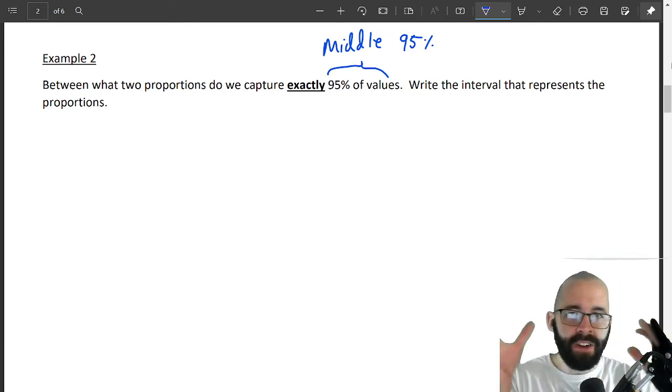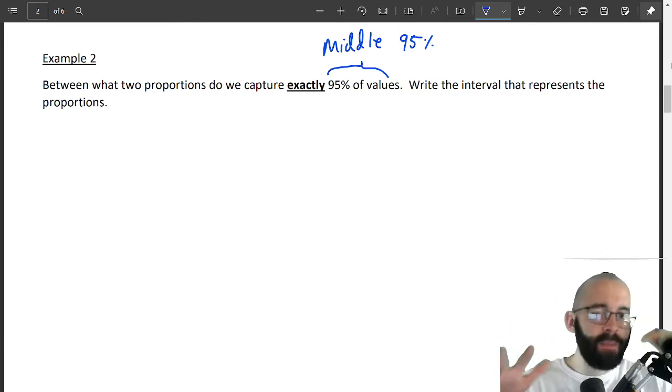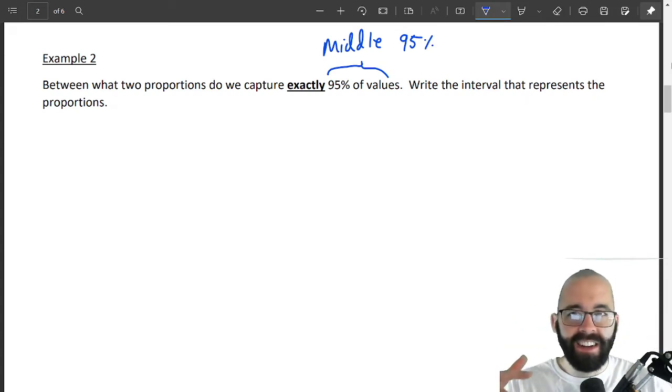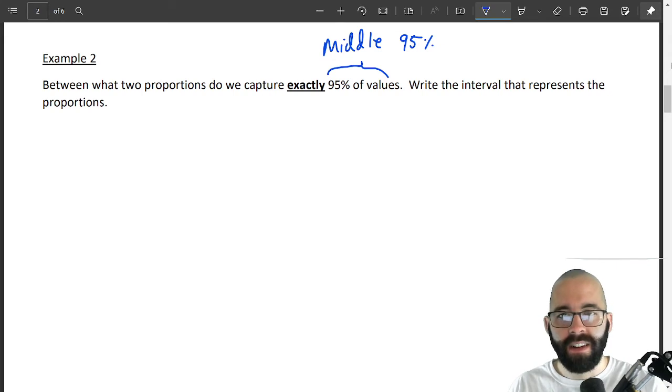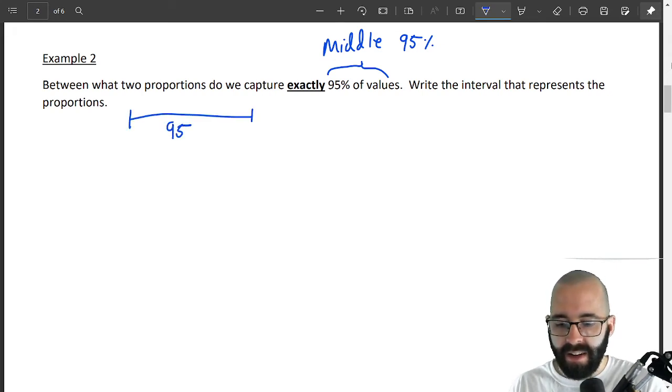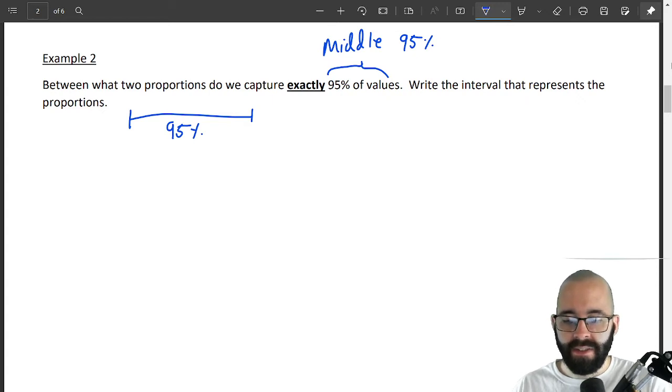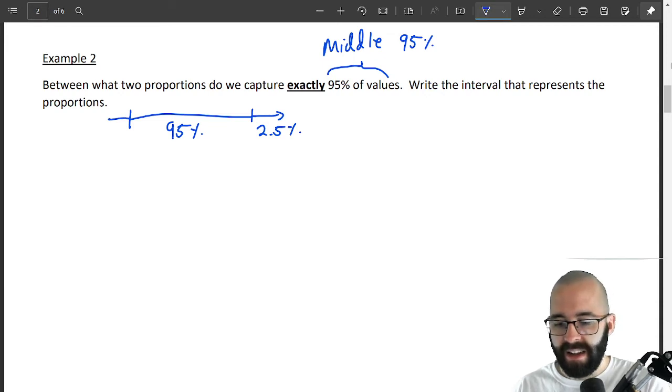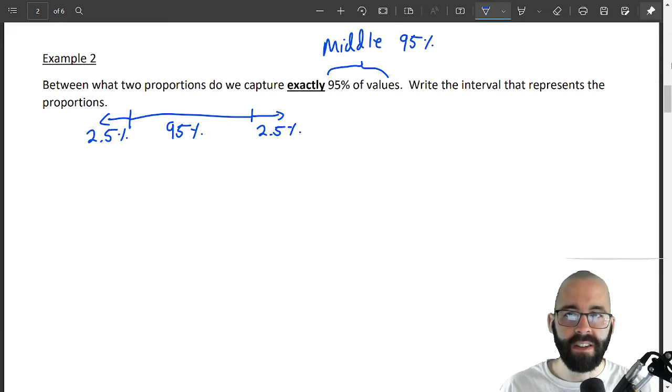Remember before we found the middle 50%, middle 60%, middle 70%, etc.? Now, how do we find the middle 95%? Well, the middle 95% is going to have 5% outside of that, or in other words, 2.5% on the right, 2.5% on the left.